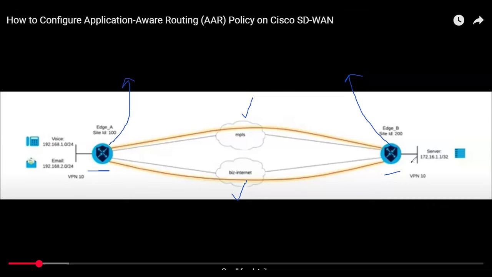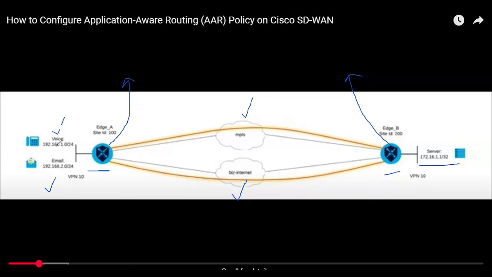Right? Now in this particular site, Edge B, there is a server hosted, right? And in the other site, there are 2 different end users. One end user is having a voice connection. Another end user is having email.